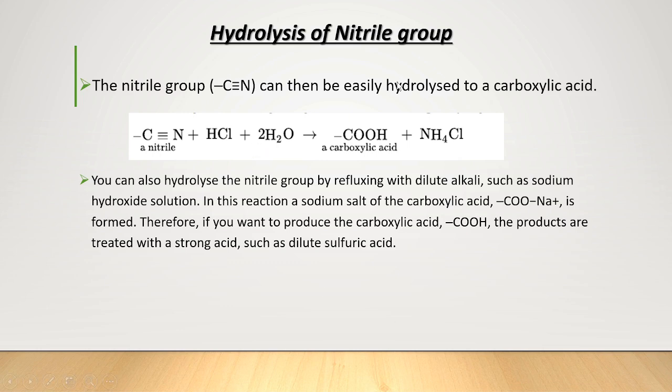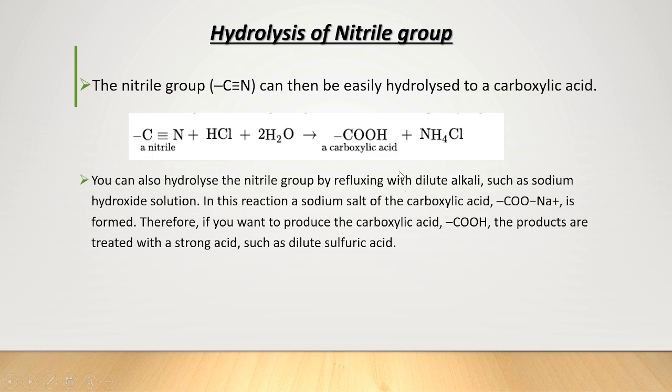Hydrolysis of the nitrile group. This is very important to understand that we can hydrolyze the nitrile group into the carboxylic acid. A lot of questions have been asked about this part in P1 and also in P2. You can also hydrolyze the nitrile group by refluxing with dilute alkali.